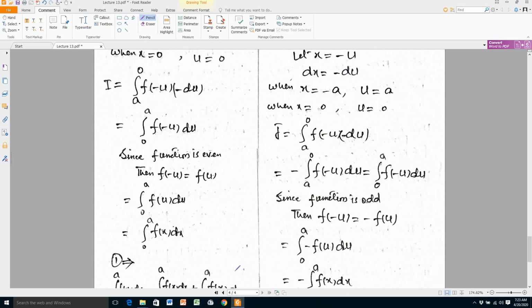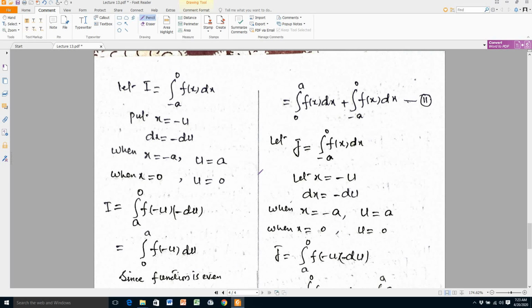Again, I am changing the places of the integrals, first at the place of second and second at the place of first, and I name it equation number 2.